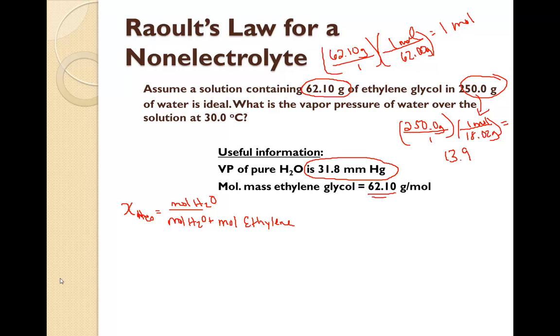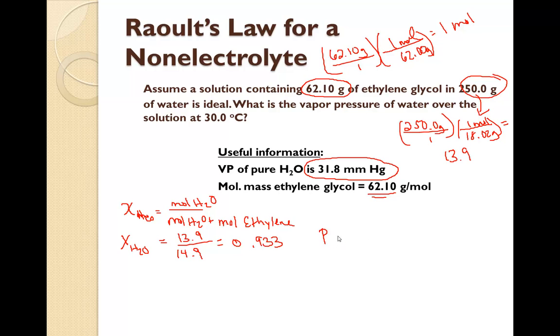So, the mole fraction of just the water is the moles of the water, which is 13.9, over the moles of the 2 added together, which is 14.9, which comes out to be 0.933. So we're looking for the pressure change.